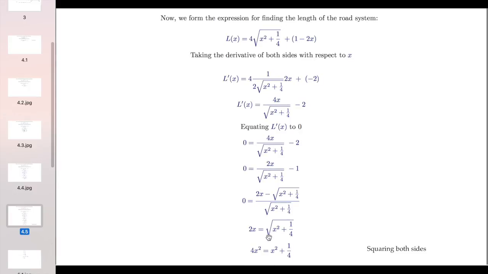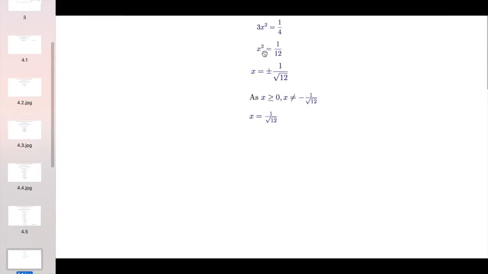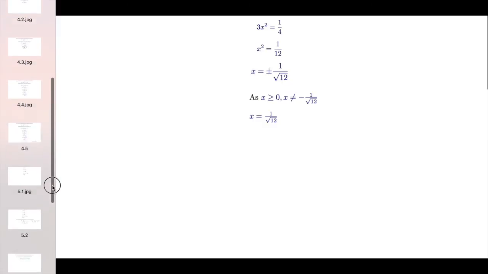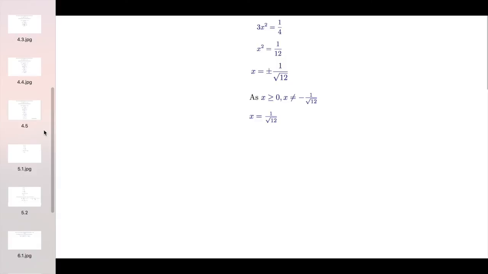And we then take the negative root of x squared plus 1 upon 4 to the other side and square both sides. And then bringing the x squared to the left-hand side, we get x is equal to plus minus 1 upon root 12. Now x being a length cannot be negative. It has to be greater than or equal to 0. So we can neglect the negative root and take the positive root and work with that. So x is equal to 1 upon root 12 is our extremum point.